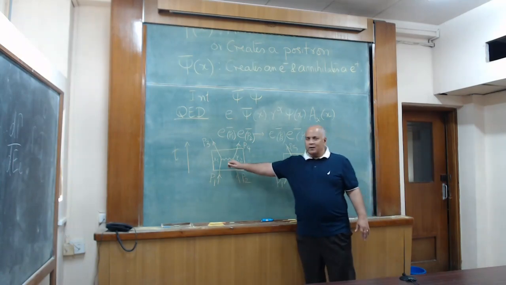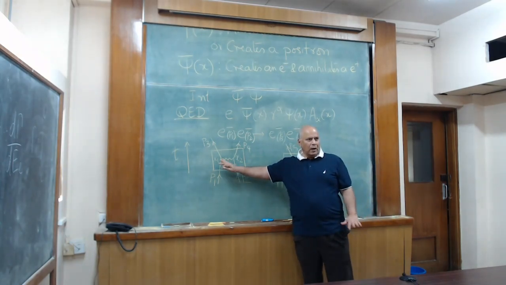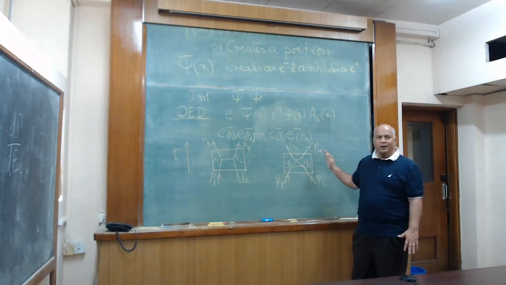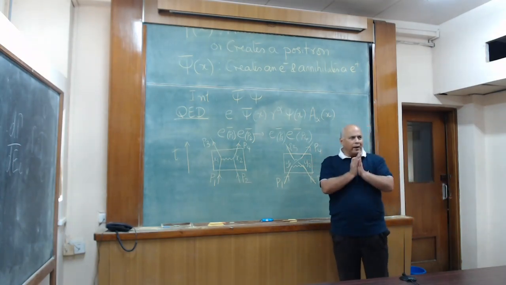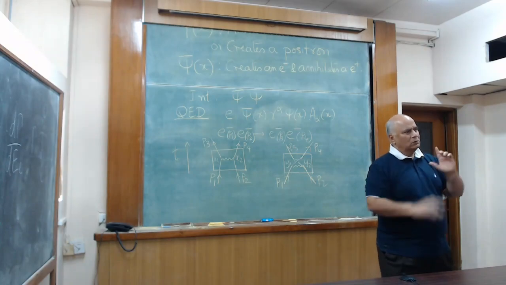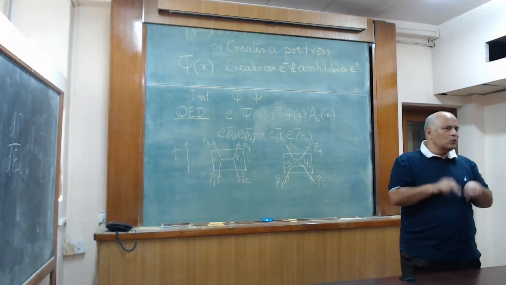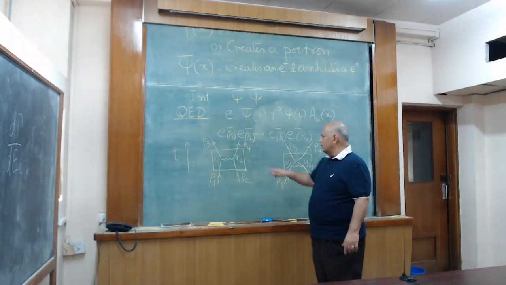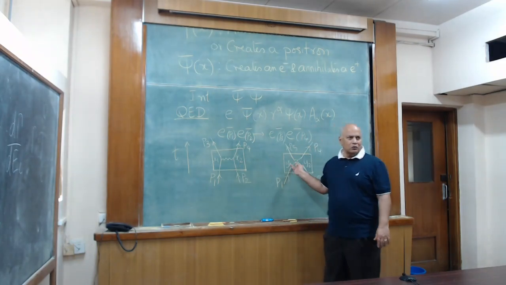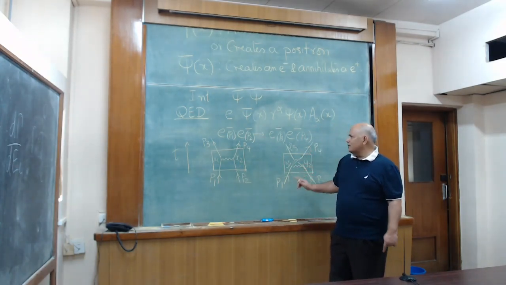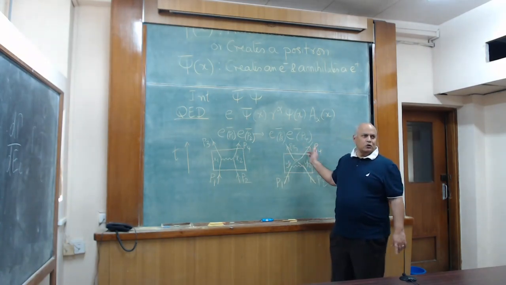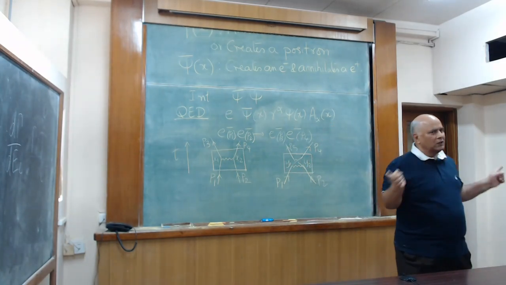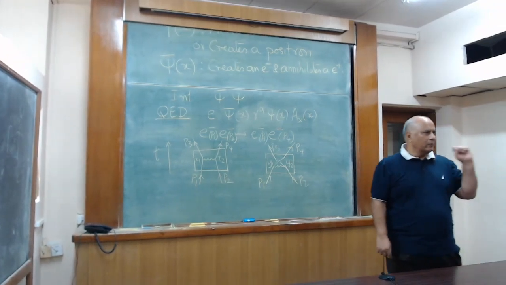So I get a relativistically invariant amplitude here, and a relativistically invariant amplitude here. And I add the two amplitudes in a manner consistent with the rules of quantum field theory, which eventually means that there is a relative minus sign between these two, because in some sense I am interchanging these two fermions, and according to the rules of quantum field theory, if you interchange two fermions, there is a relative negative sign.